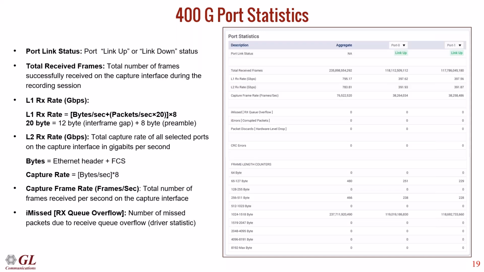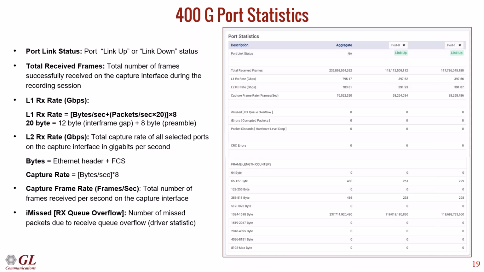Additional stats here, we have some other counters that will show you if there's something wrong with the capture. So I missed, I errors, packet discard. Those are hardware level or software level drops that we may potentially see if you're capturing packets at a rate that's greater than what the PCIe 5.0 limitation is.